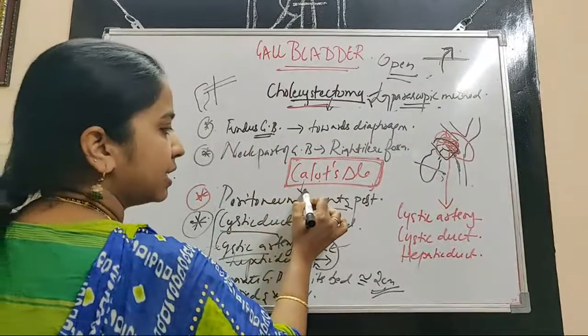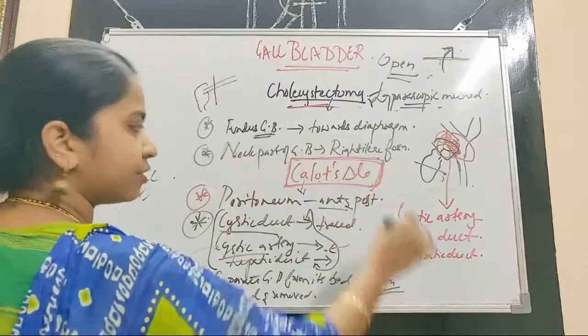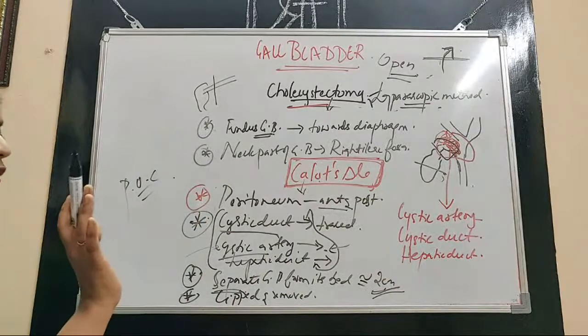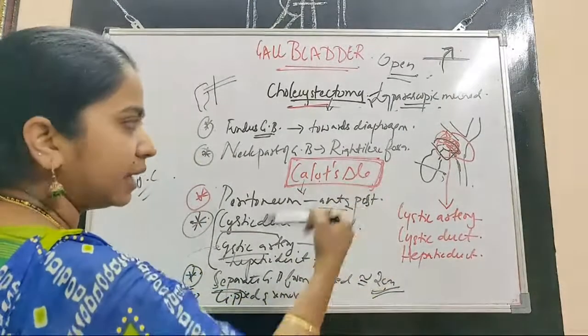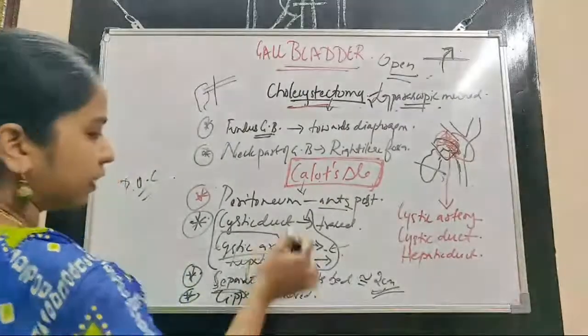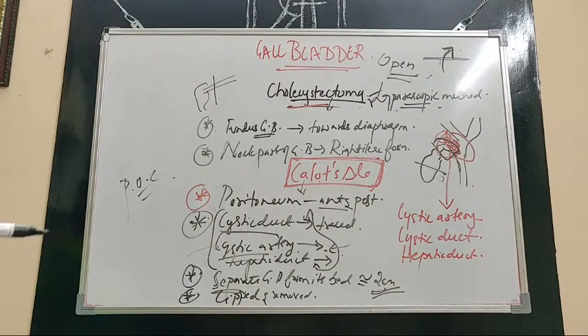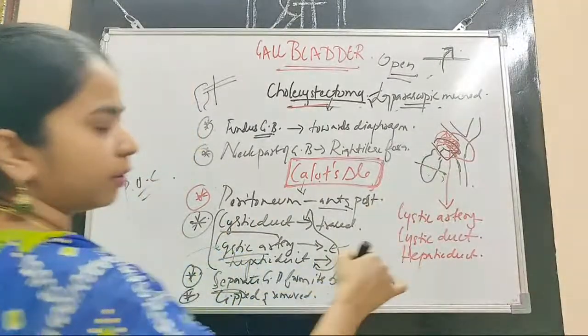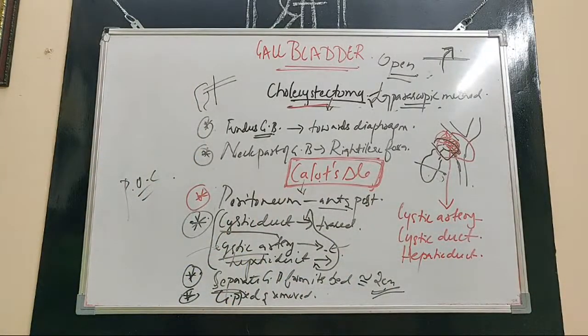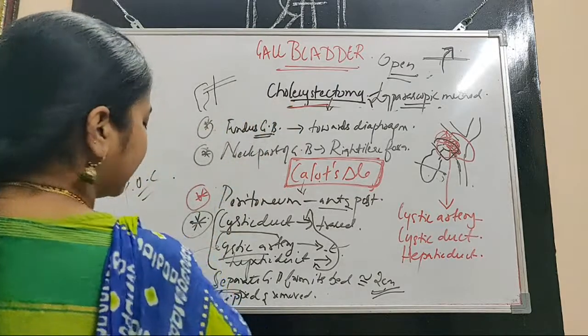Once Calot's triangle is exposed and its structures are safeguarded, they are clipped and cut, and finally the gallbladder is removed out from the umbilical port. So this is how the laparoscopic method happens.